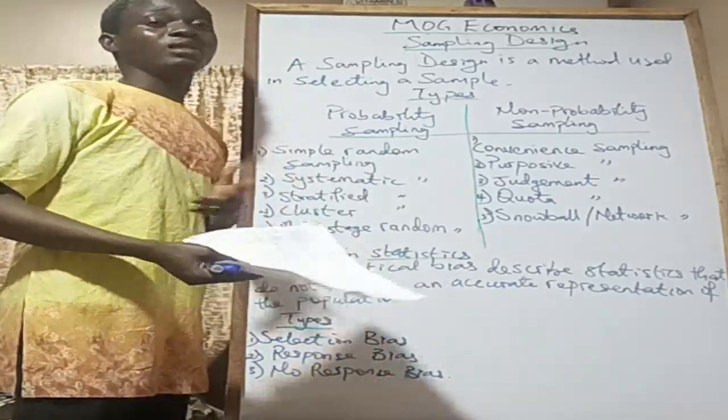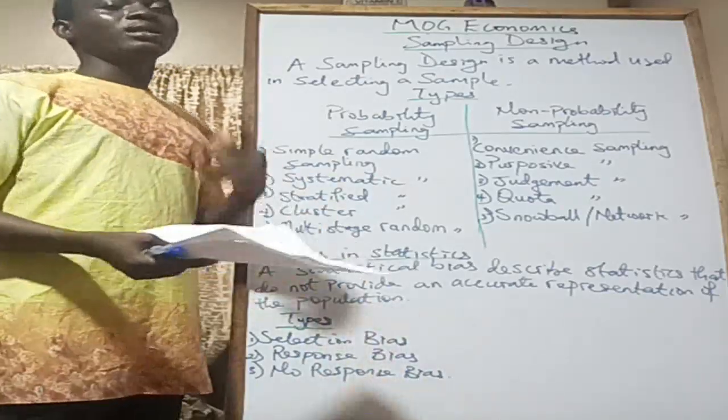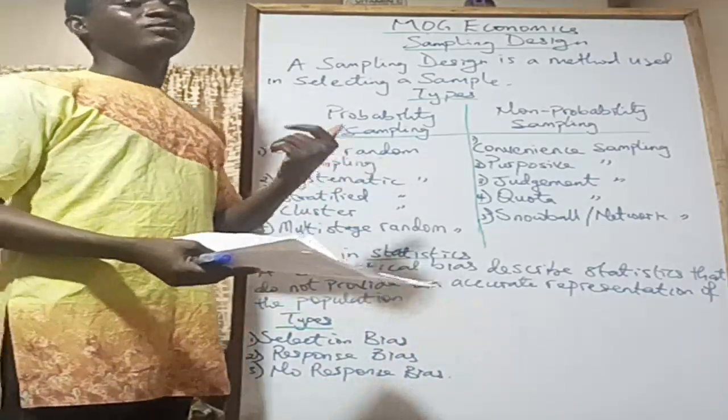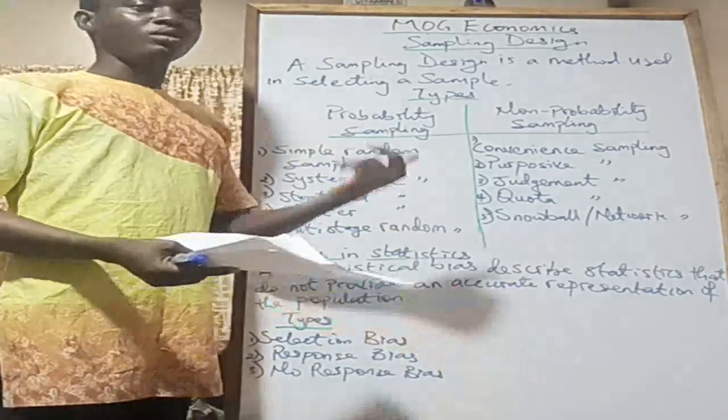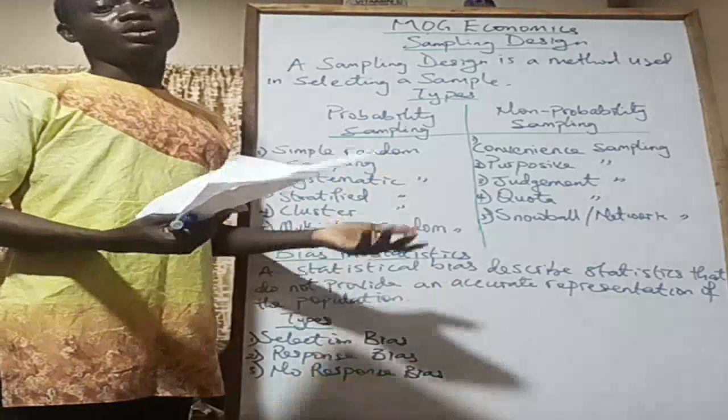And then there is a likelihood that you may have gone to a very dirty place, and the kind of responses you are going to get from your respondents in those areas may not be representative of the population as well.